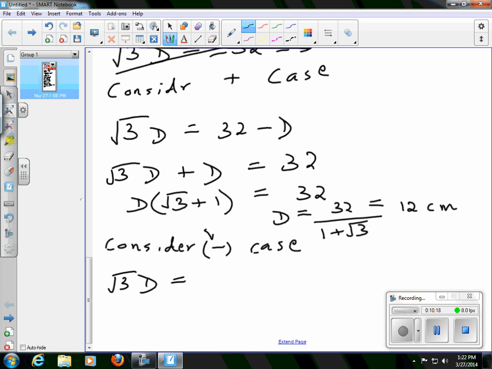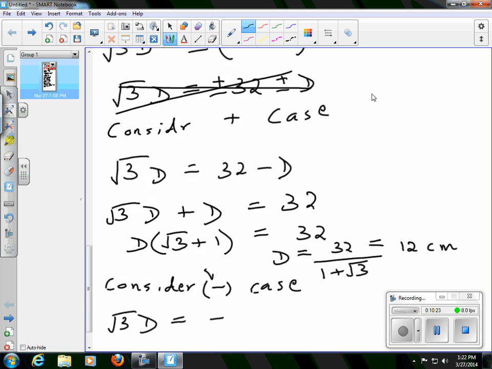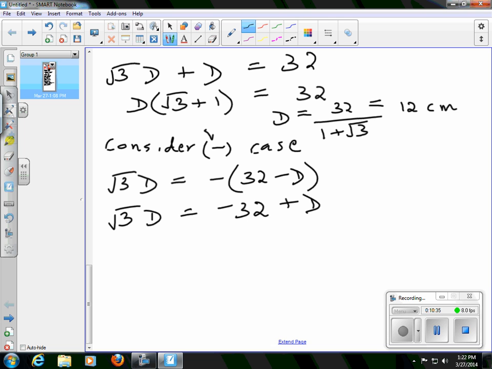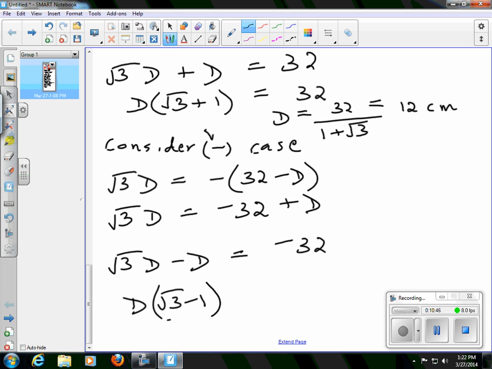So negative 32 minus d, so square root 3 d equals negative 32 plus d, so square root 3 d minus d equals negative 32, so d times square root 3 minus 1 equals negative 32.